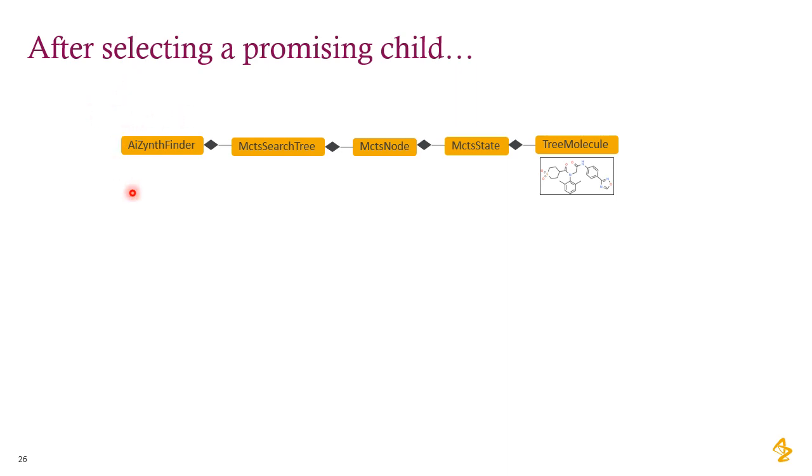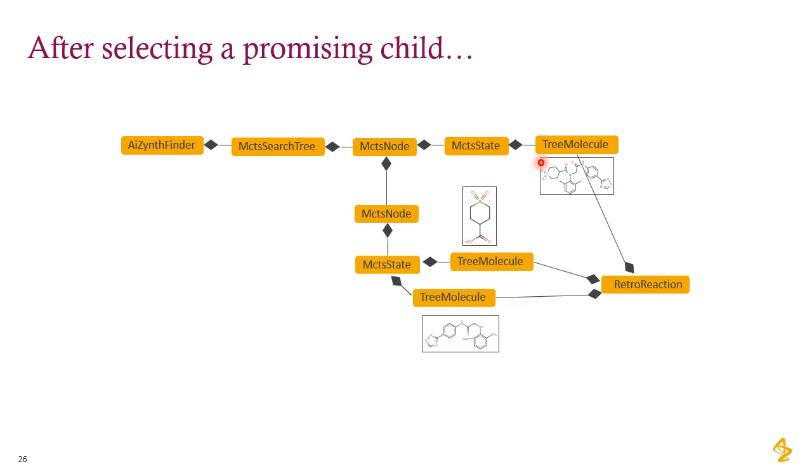We have our AiZynthFinder class that holds a search tree, which holds a reference to the root node, which holds a state, which holds a tree molecule. And these are the objects that have been added after we called select most promising child.